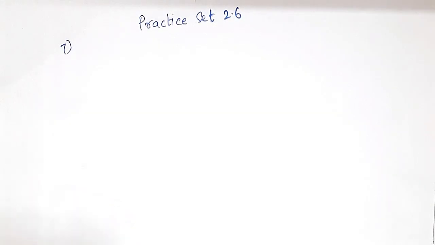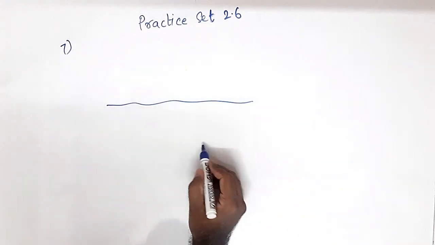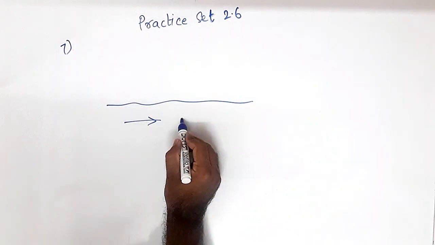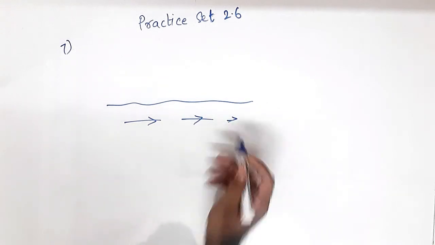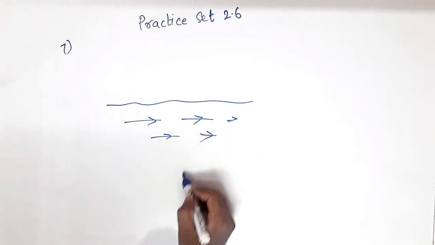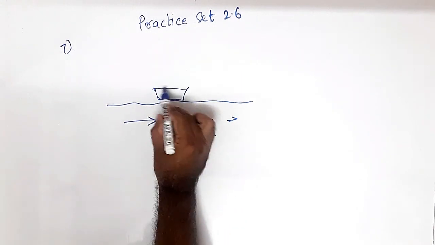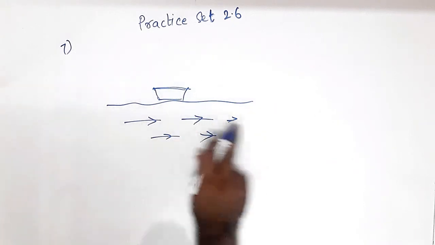We have to understand first two terms, downstream and upstream. Suppose this is a river and this is the direction of its current, the river current. It is very easy for a boat to travel downstream.